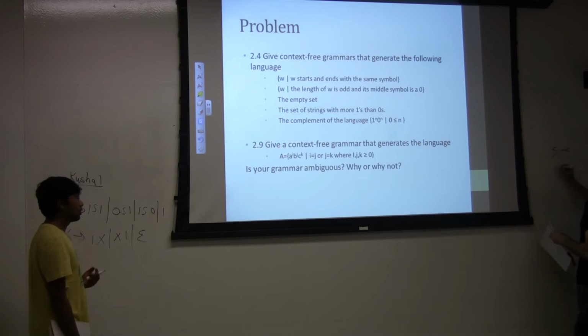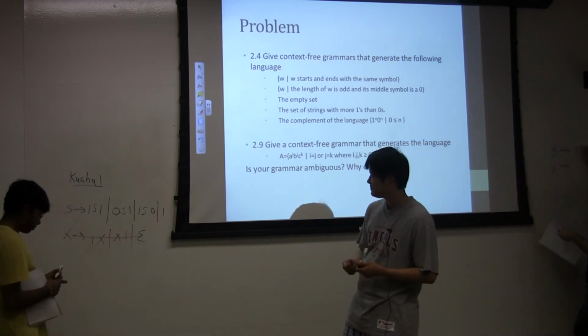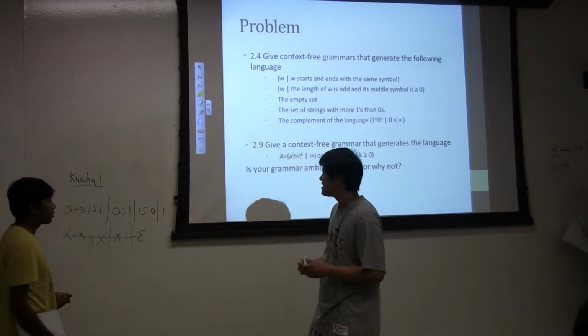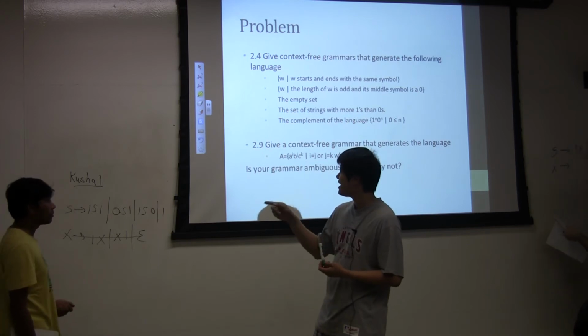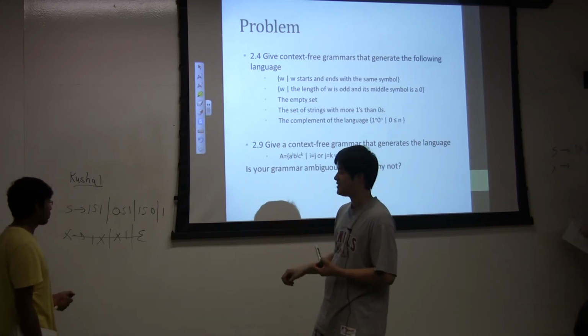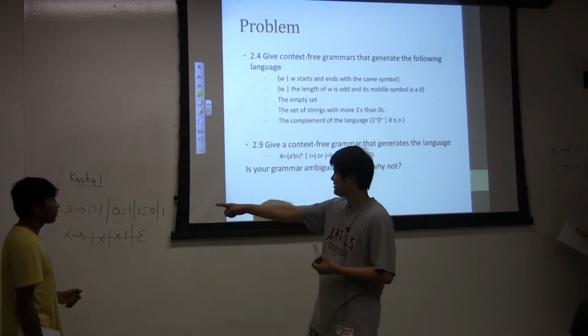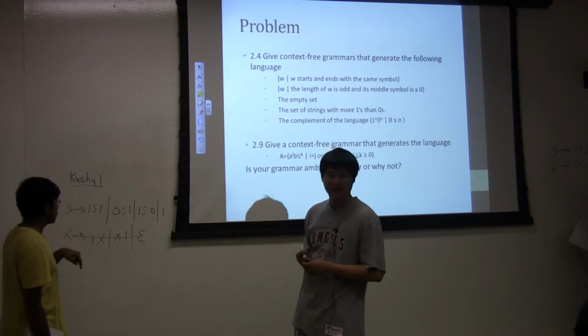How about this one? Just the first line. So it does not start with 0 and end with 0 at the same time. What about 0, 1, 1, 1, 0?